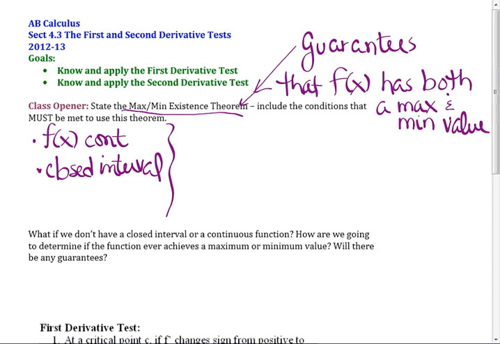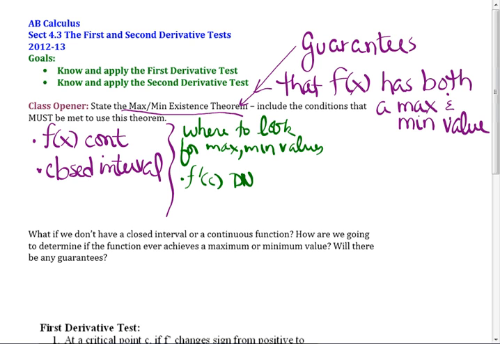Now, how am I going to use this? I'm going to look at conditions that must be met. We did that. Continuous, closed interval. Where would I look for maximum, minimum values? Where do we look for them? Okay, for the derivative, f prime of c does not exist. Okay, Alexi, what's another one? F prime of c is equal to what?